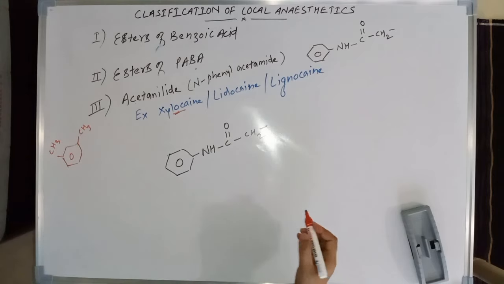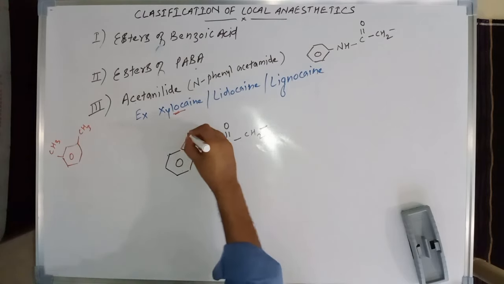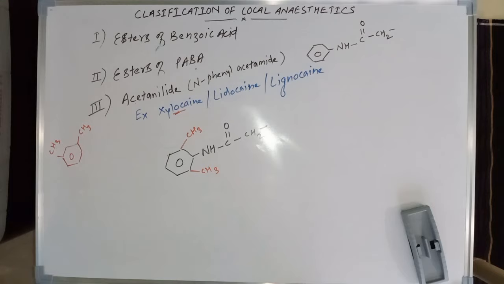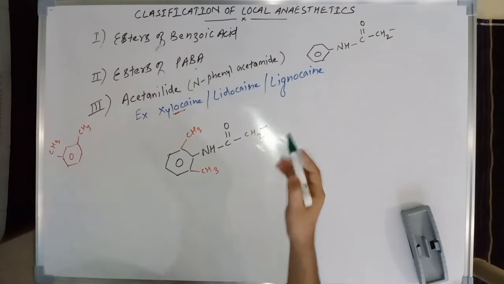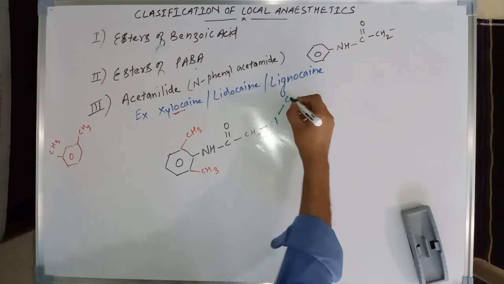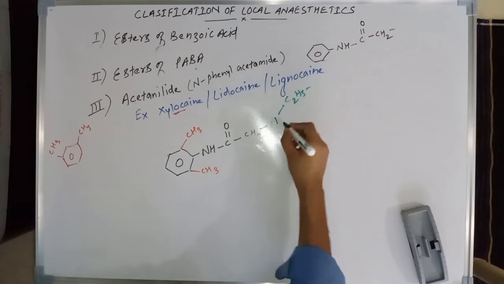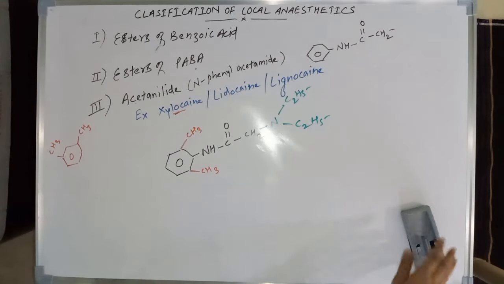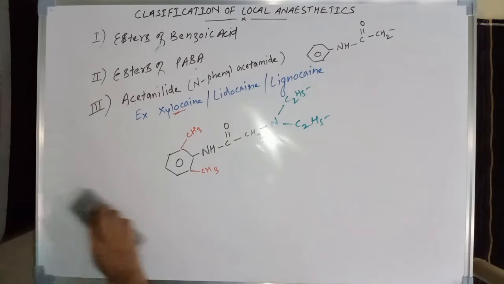In xylocaine there are 2 methyl groups, 1 methyl group over here and a second methyl group over here. Now what comes here? As I have already discussed, the characteristic group of local anesthetics, diethylamine. This is the structure of your xylocaine.